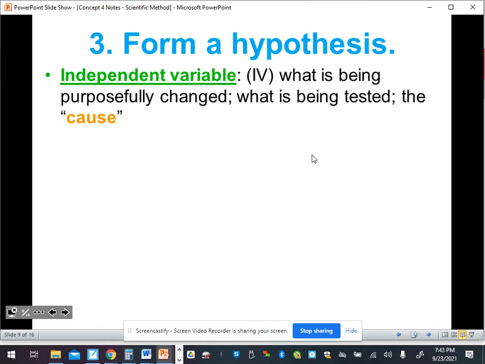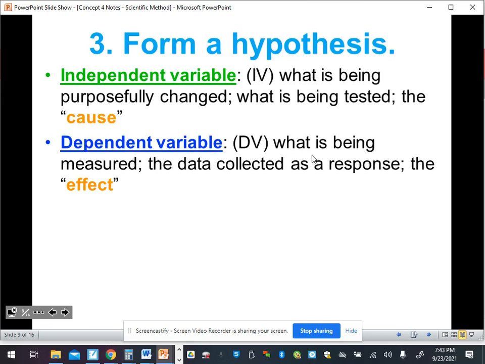change. So the dependent variable, abbreviated DV, is what you are going to be measuring. The word variable just means what units, what part of the experiment are you looking at?